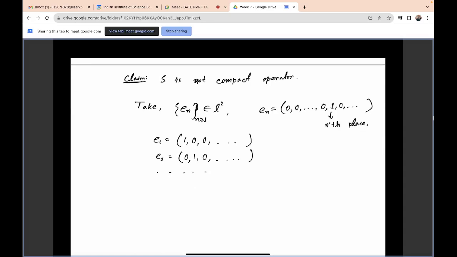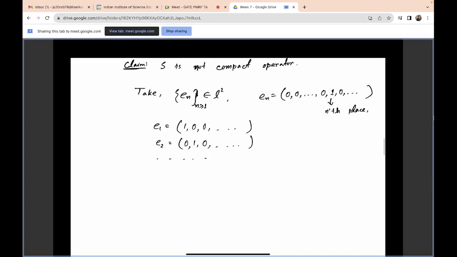Clearly these are in L2, because only one term is non-zero here. And note that the L2 norm of En is 1 for all n, because only one term is there.